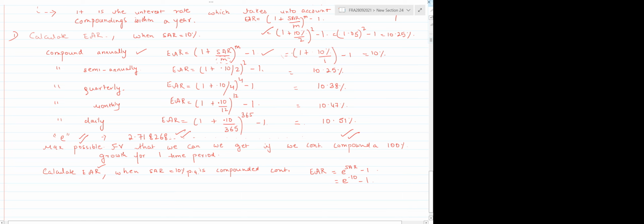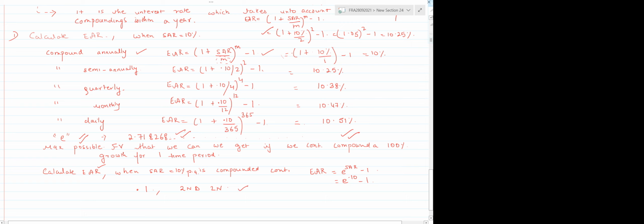In your calculator, first enter 0.1, then press second ln.